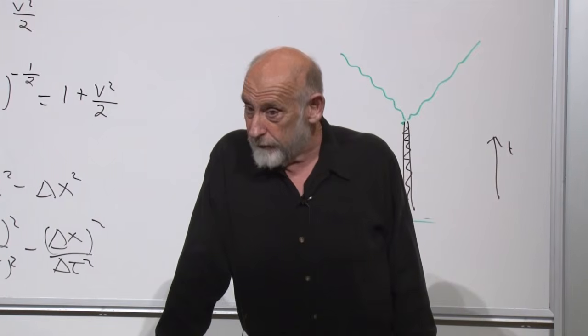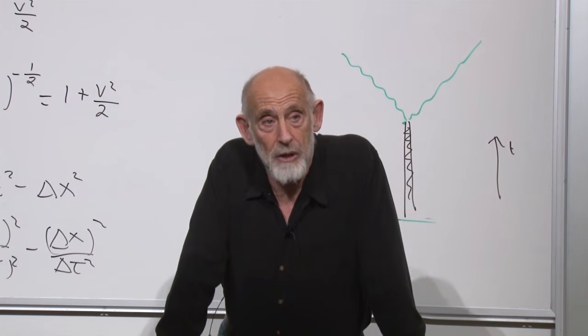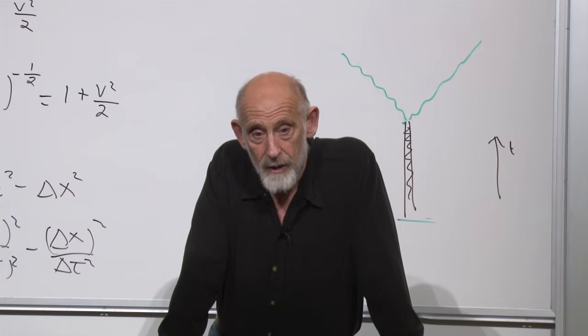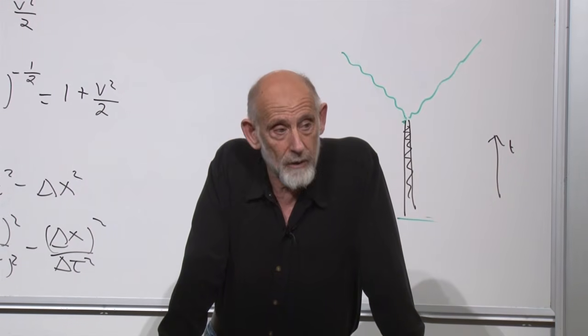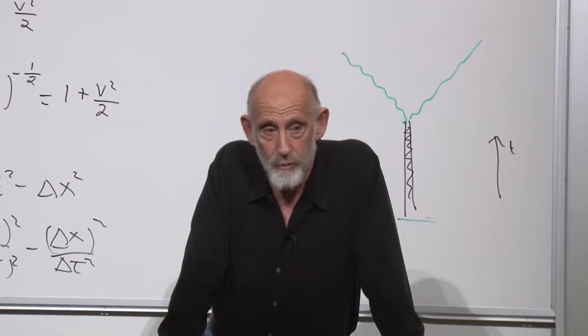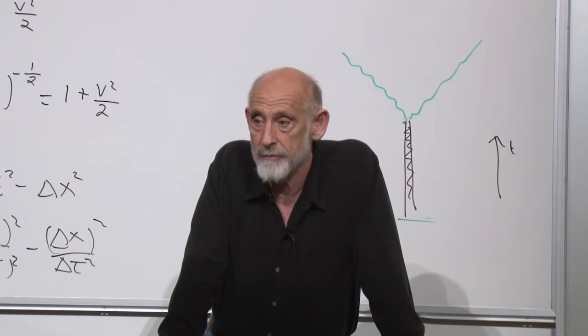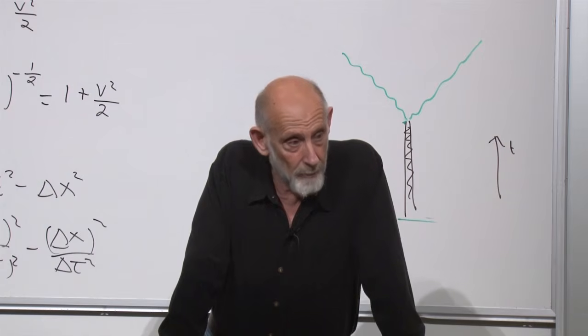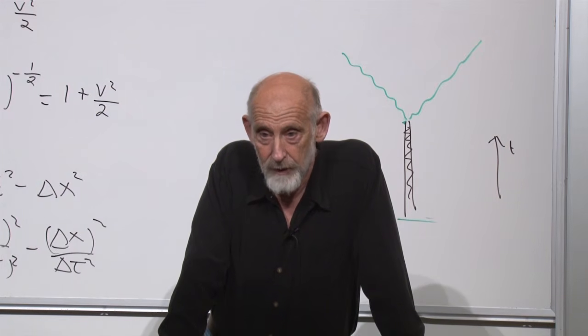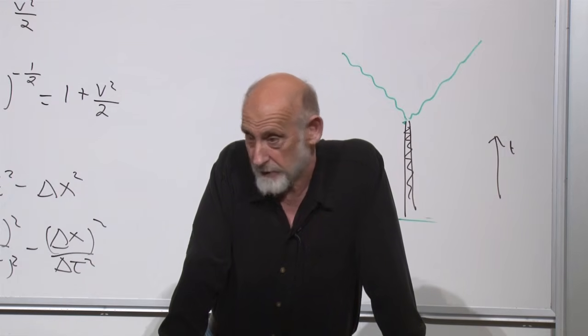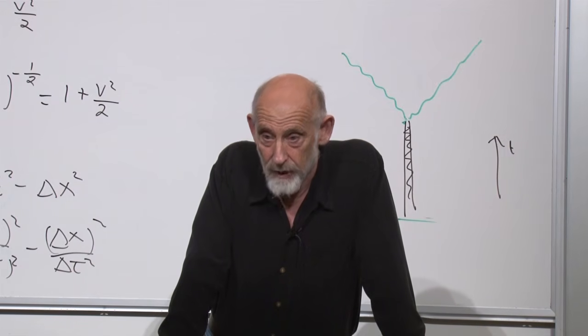Now we could try asking how this gets modified if we put in various kinds of forces, and we will do that. One of the things we will do is allow the particle to have a charge and couple it to an electric and magnetic field and see how it moves. But that's a little more complicated than anything we've done up till now.